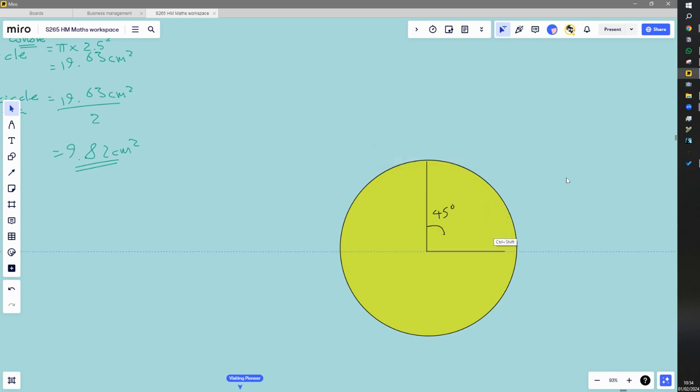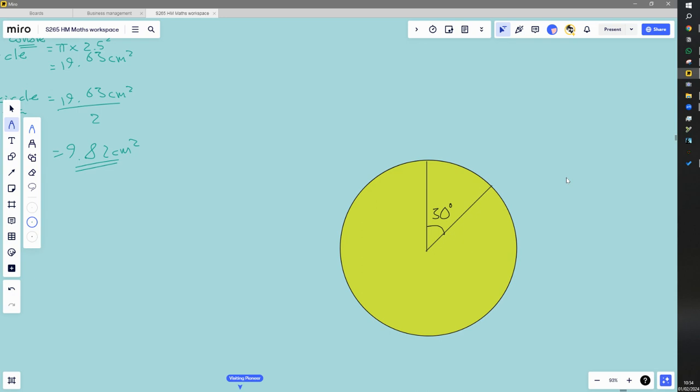If it's 90 degrees, we're looking at a quarter of the circle. If it's 45 degrees, we're looking at 1/8 of the circle. But if it's a weirder, more irritating angle, like 30 degrees, then we need to know what fraction of the circle is that?